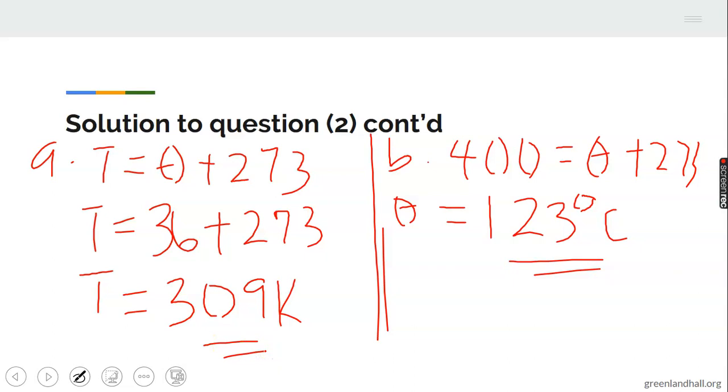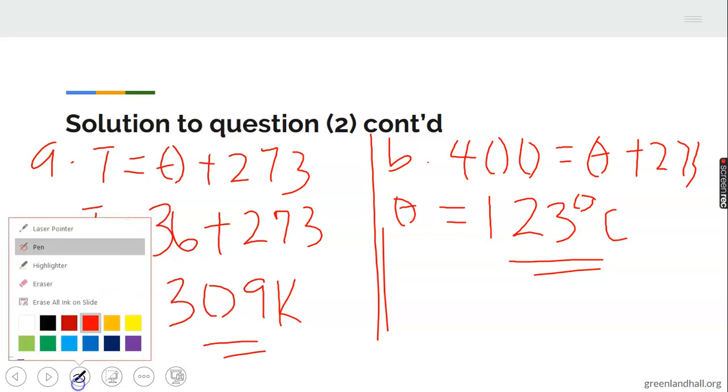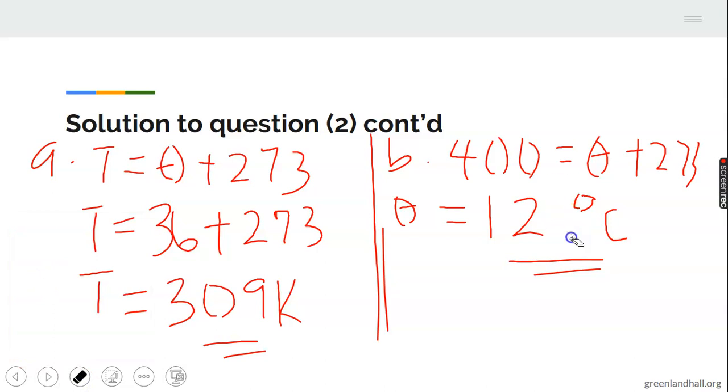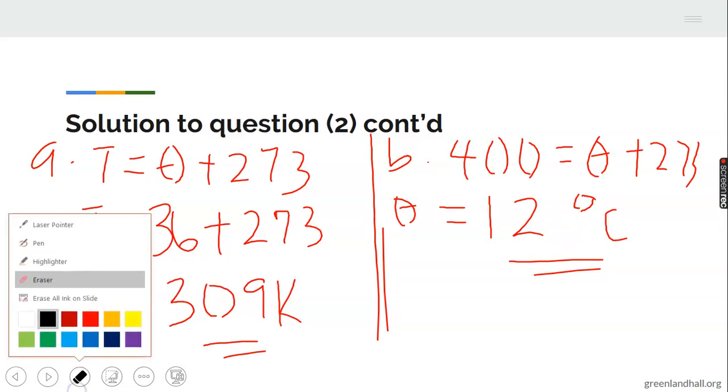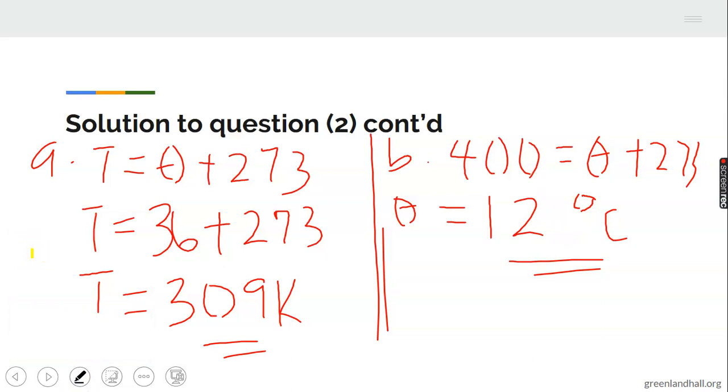Okay, I believe there is no mistake at all. Oh, sorry, there's a mistake. This will be 127 rather, not 123. It should be 127.